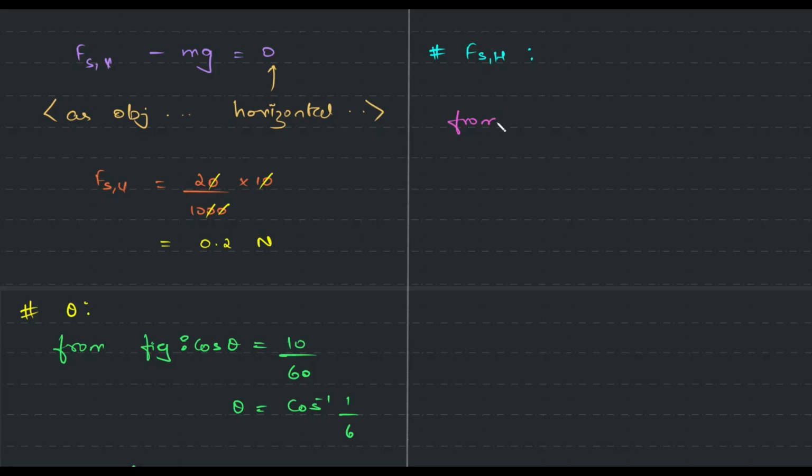So from figure 2, we have cos theta is equal to force along the horizontal by force along the string.